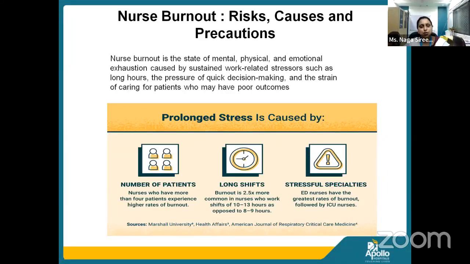The moment you get close to the patient and speak to the patient, and know about their finances, their family, their health condition, you become more worried about the patient. And you put so much effort in. If the patient outcome is not good, obviously that stress is also taken on by the nurse.